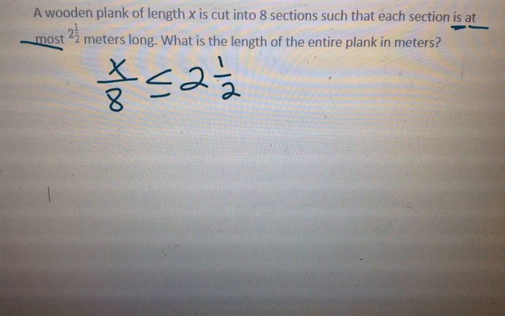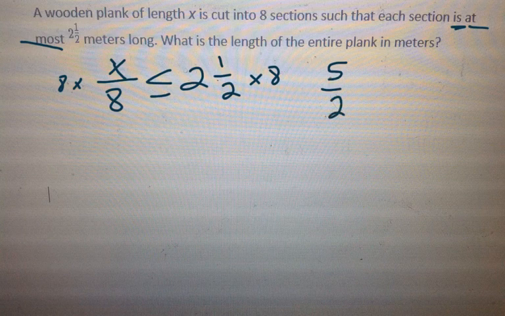Now, we solve this as we would a regular equation. We multiply this side by 8 and this side by 8. We have 5 halves times 8. We can simplify first.